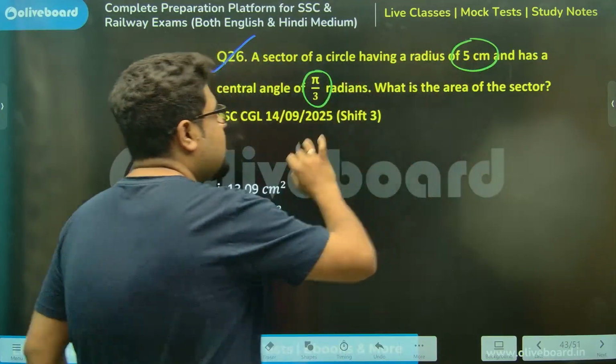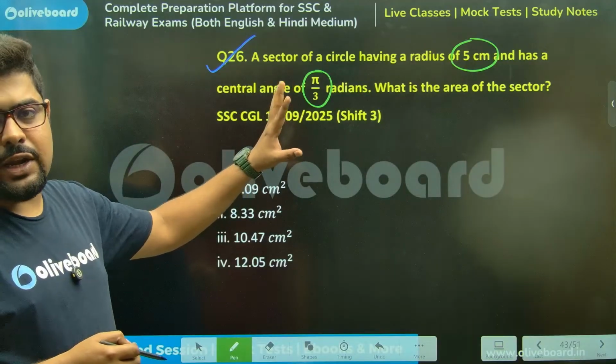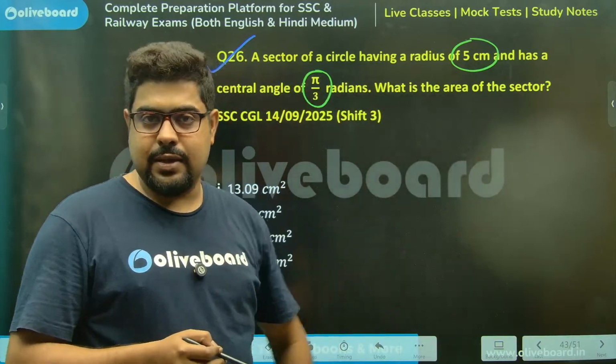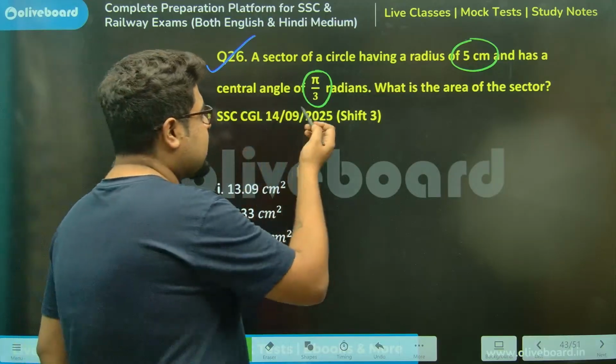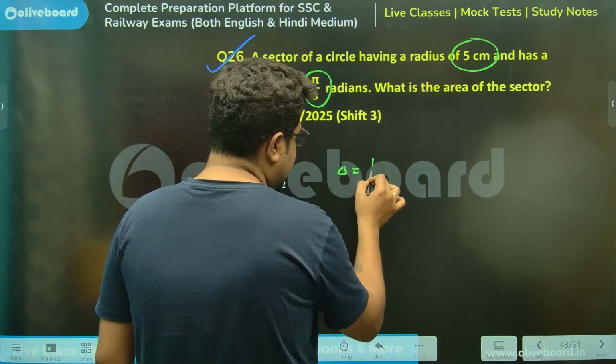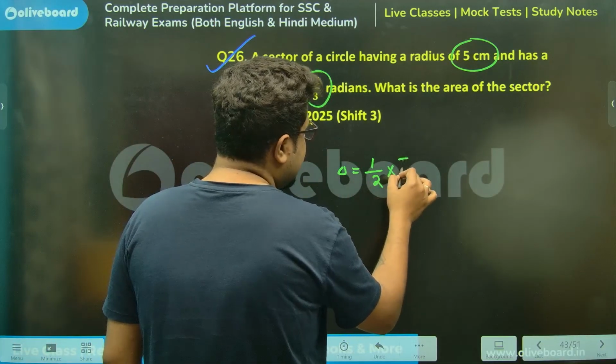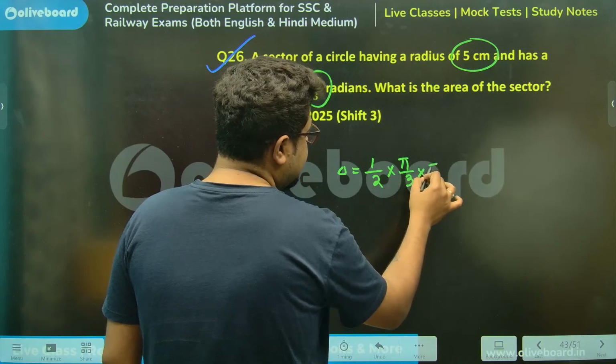And again, if you're not very comfortable remembering that formula, half into theta into r square, then if you are comfortable, use it. Half into theta into radius square.